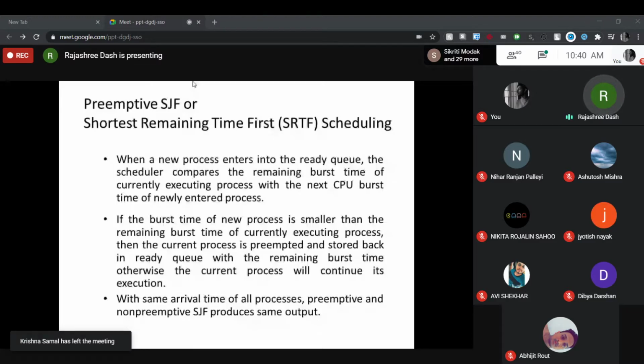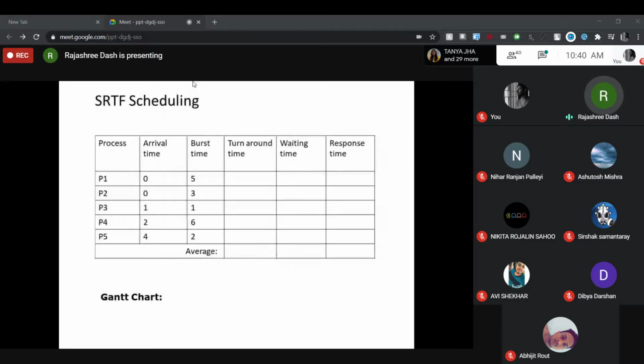Otherwise, the current process will continue its execution. If the arrival time is same for all the processes, then non-preemptive SJF and preemptive SJF work the same way, so there will be no difference in their output. But if the arrival times are different, then only they will behave differently. So now let's solve the same problem that we discussed with non-preemptive SJF using preemptive SJF, or SRTF.